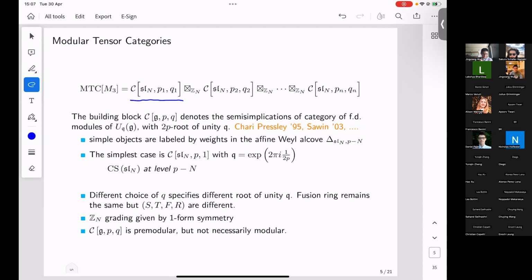The only few facts that are relevant to us today are how the objects are labeled. It's essentially labeled by the weights in the fundamental Weyl alcove. You may recognize this is the same as Chern-Simons theory. And indeed, if you choose q here to be 1, you get exactly the Chern-Simons theory of SU(N) at level p minus N.